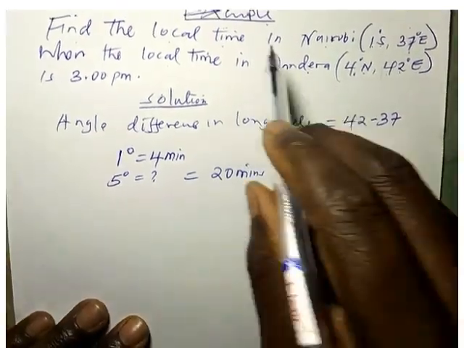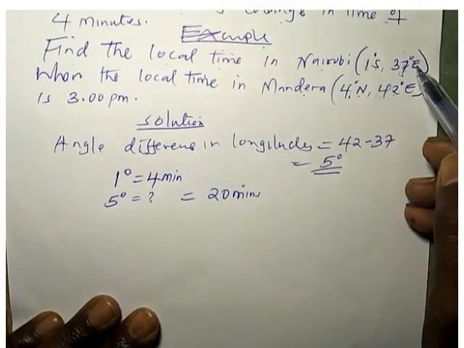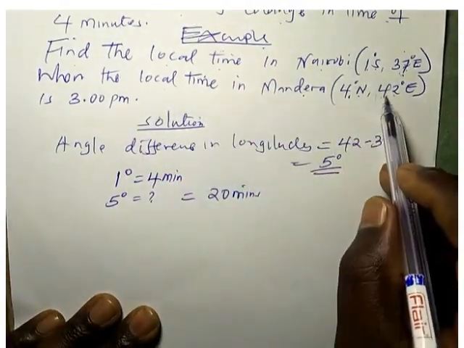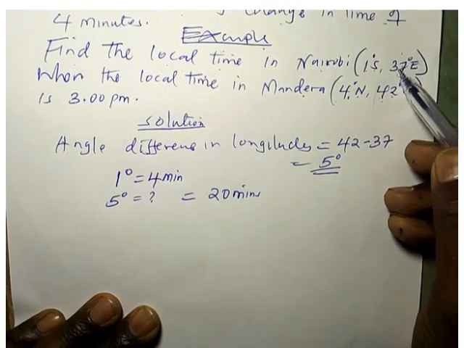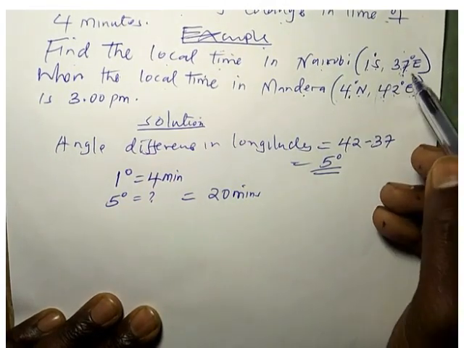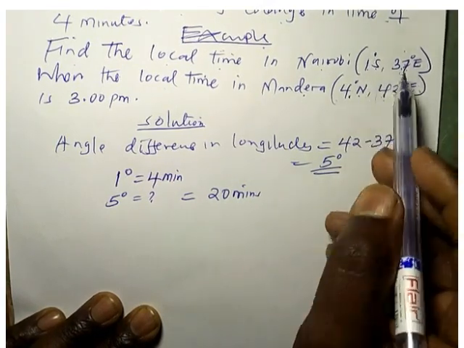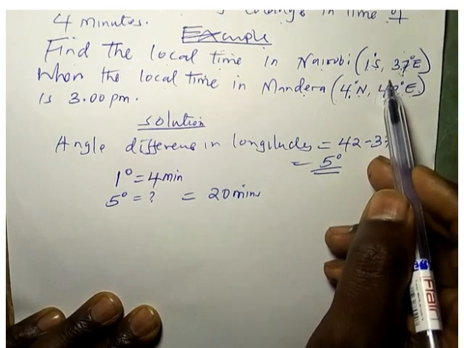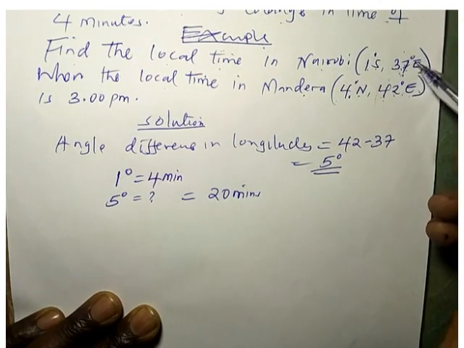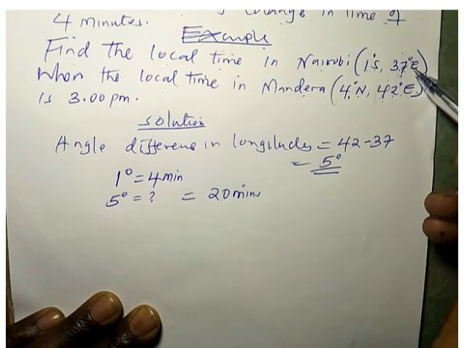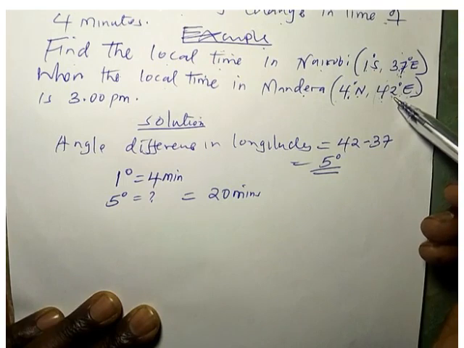As you can see, Nairobi is 37 east, and Mandera is 42 east, meaning that Mandera is ahead of Nairobi. So to get the time in Nairobi, which is behind Mandera, we are going to subtract the time. Nairobi is on the west of Mandera. That's the most important thing.